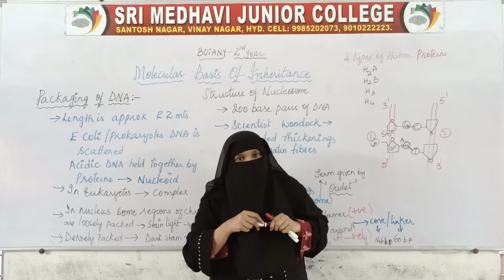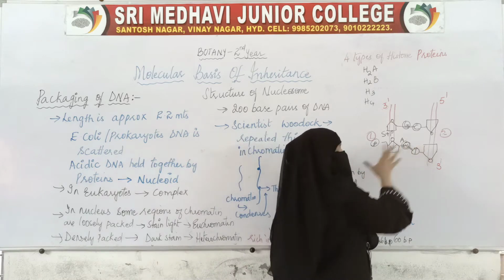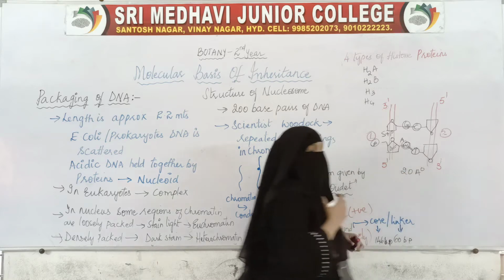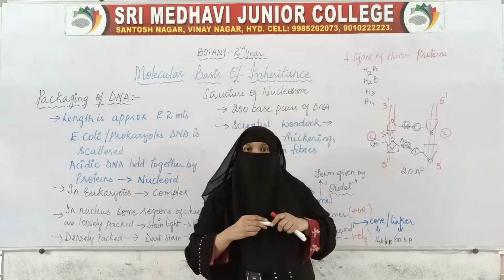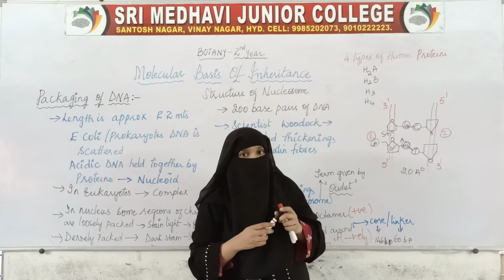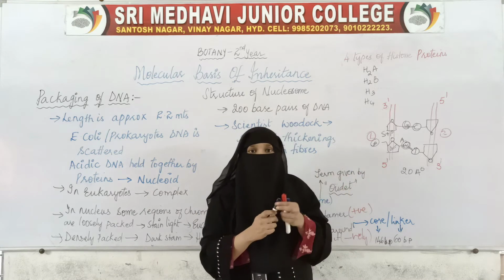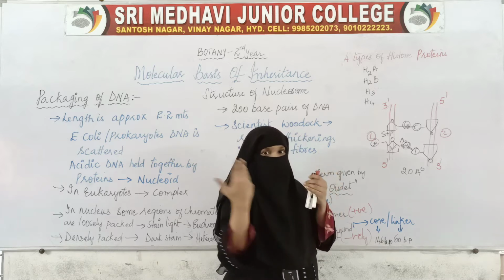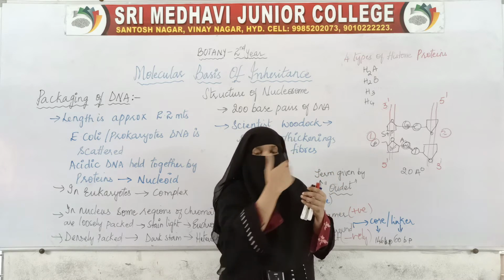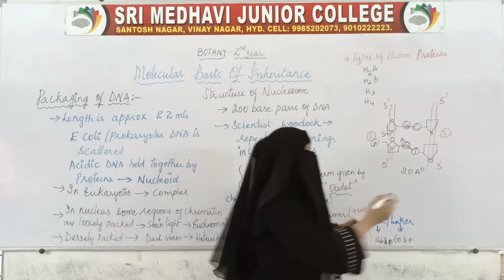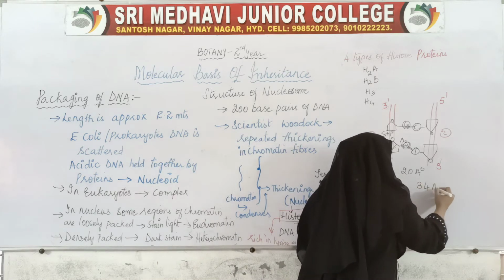This we have already seen, and the distance between these two strands is 20 angstroms. When the strand takes one turn, since it is a helical coil structure, the distance is 34 angstroms.